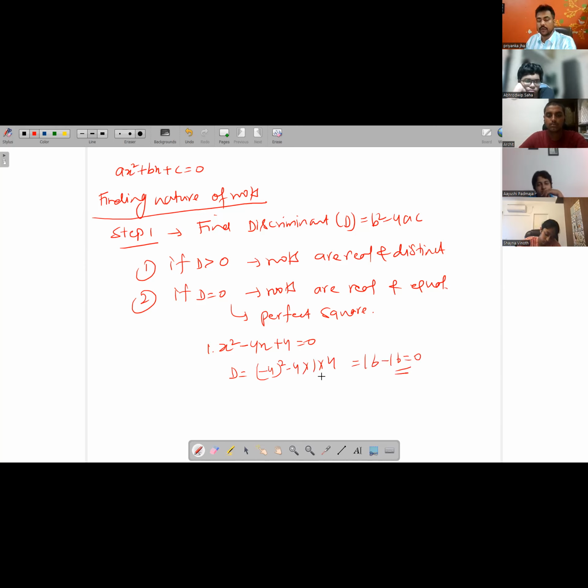Whenever you are required to check whether an expression or equation is a perfect square, you have to prove that the discriminant is 0. If the discriminant is 0, this can be written in this form, so it is a perfect square. You can also see that x equal to 2 is the only root, but since we have a square, 2 comes twice. So both roots are real but the same.